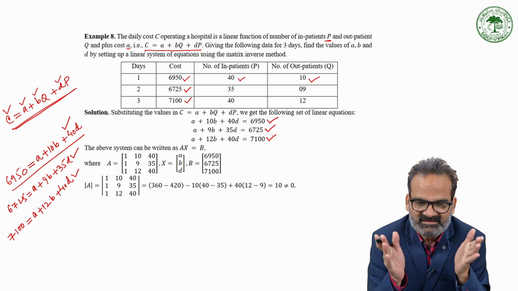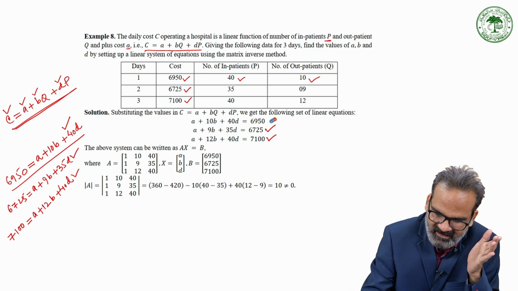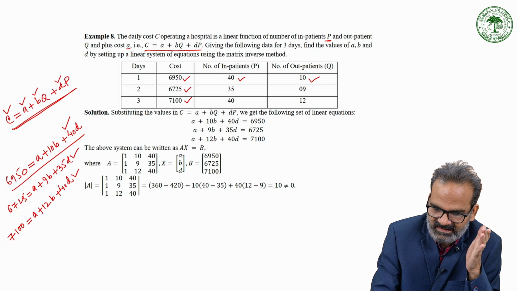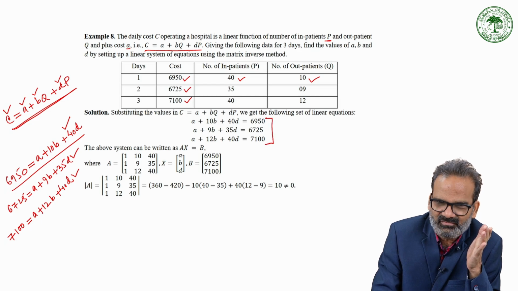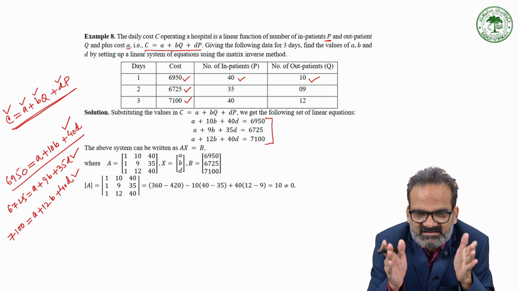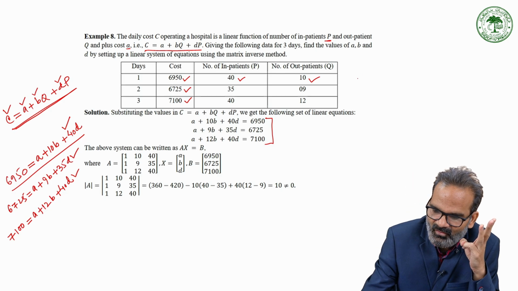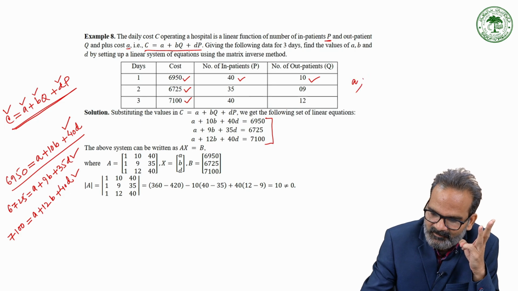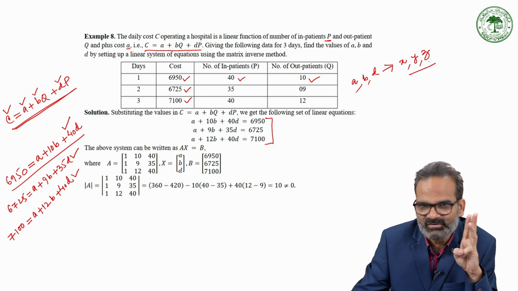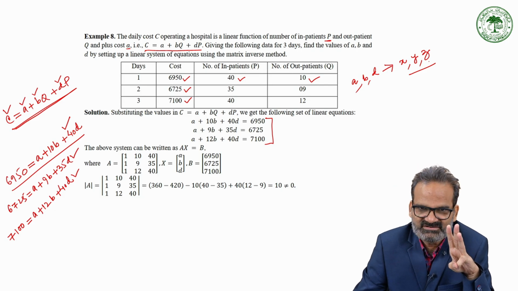Now, look at these 3 equations carefully. This is a system of 3 equations in 3 variables. And the variables here are what? A, B and D, right? Till now we had the variables X, Y and Z. I told you in the beginning of this session that the variables may change.